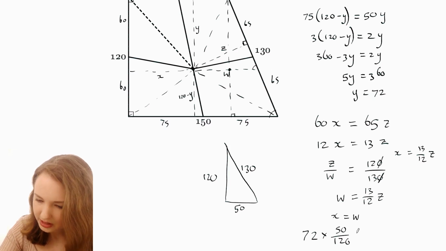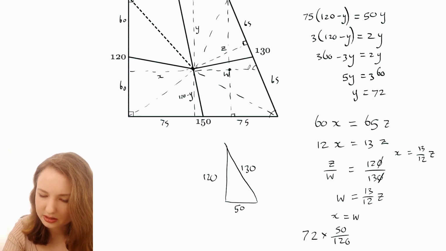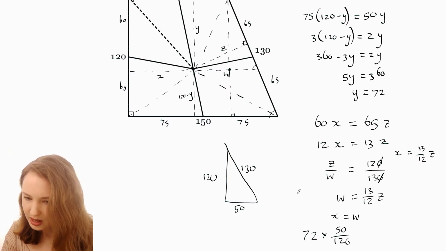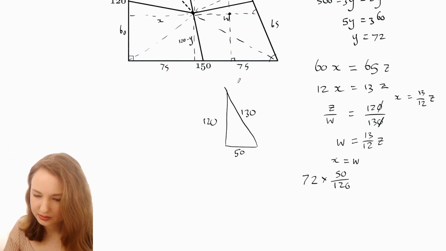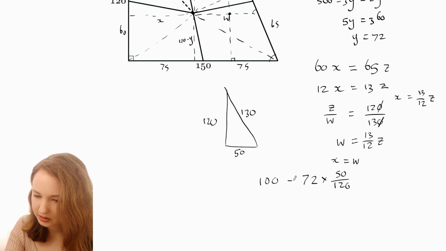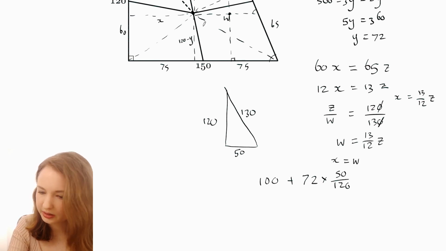Okay, so sorry, this is that distance there. So 72 times that ratio. And so that's that distance. If we add 100 to that, that'll give us that total length.